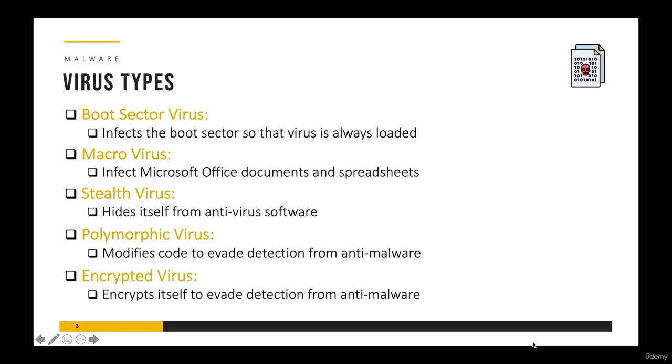And then we have the encrypted virus, which leverages the power of encryption to hide itself. So imagine if a virus is encrypted and you don't have the decryption key and you don't have the decryption algorithms, then how would you know if it is a virus or not? Because you won't be able to decrypt it, so you won't be able to analyze it.